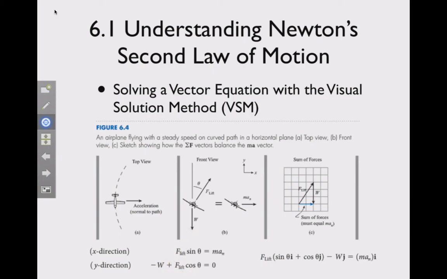We can take these two equations in the x and y directions, which we get from these force diagrams, and write a vector equation: the lift force sine theta in the i hat direction, or x direction, is added to the cosine in the j direction, which is minus the weight in the j direction, and the result is the mass times acceleration in the x direction.